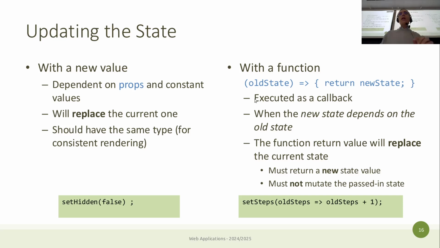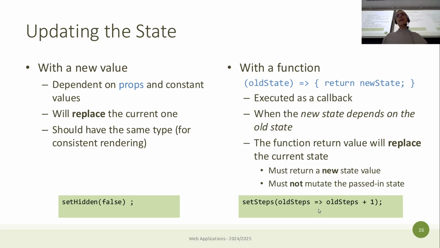With the function, I can pass a function instead of a value. So instead of another JavaScript value, that can be, again, the basic values of JavaScript, Boolean, number, string, array, or object, I can pass a function.